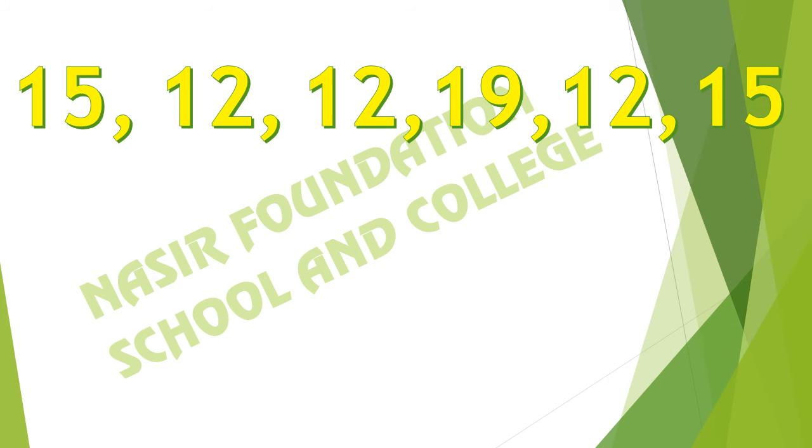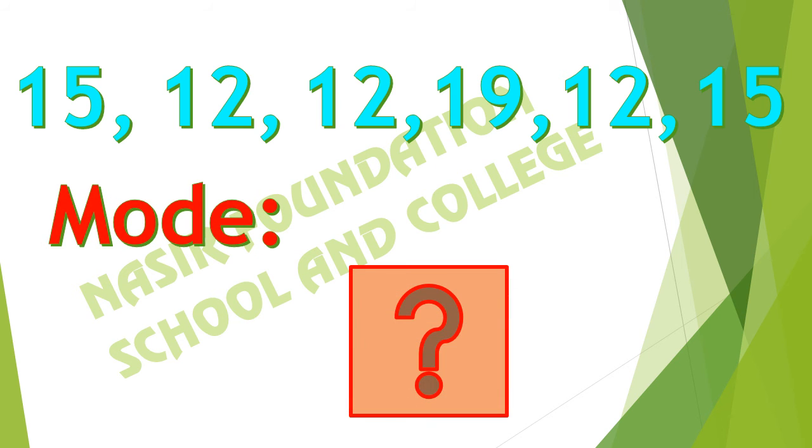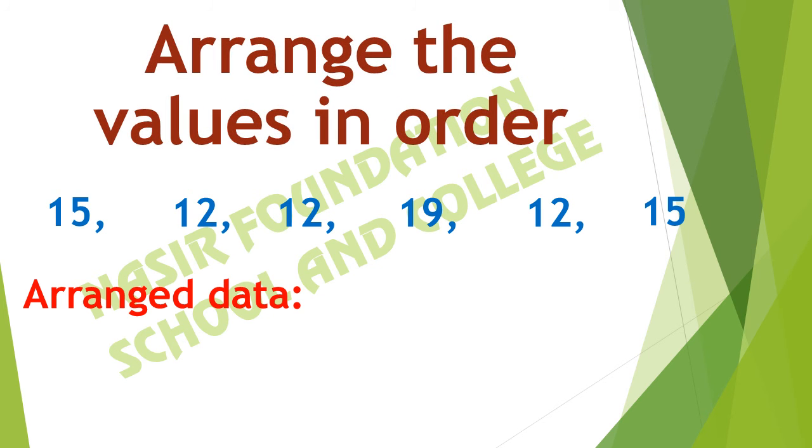Here a data is given: 15, 12, 12, 19, 12 and 15. So we will find out the mode. What will be the mode? The first step is arranging the values in an order. The smallest value in this data is 12, so we will write 12 here. Then what will be the next value?